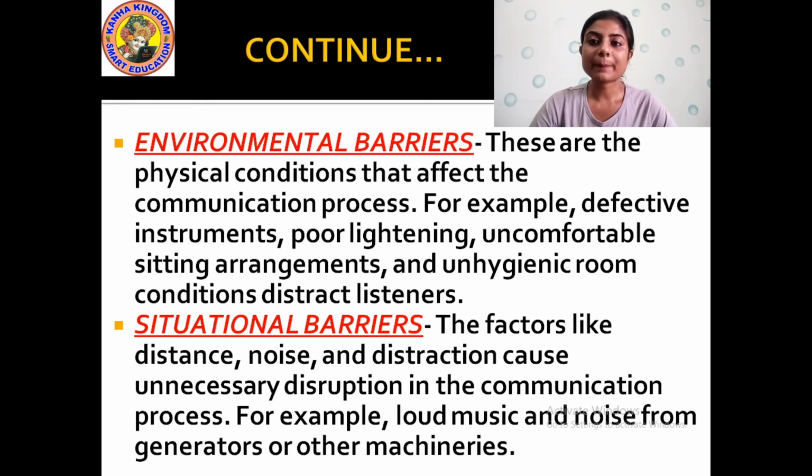If the medium of communication is an instrument and if it is defective, then it may lead to miscommunication. Poor lighting. Okay, if the lighting is poor, then also it may create some miscommunication. Uncomfortable sitting arrangement. Okay, and unhygienic room condition distract the listeners.